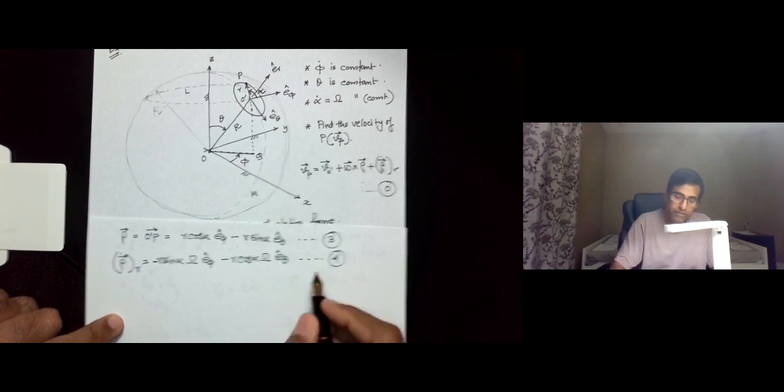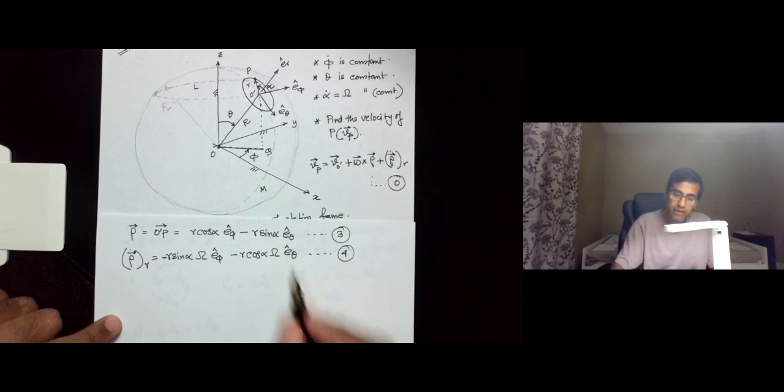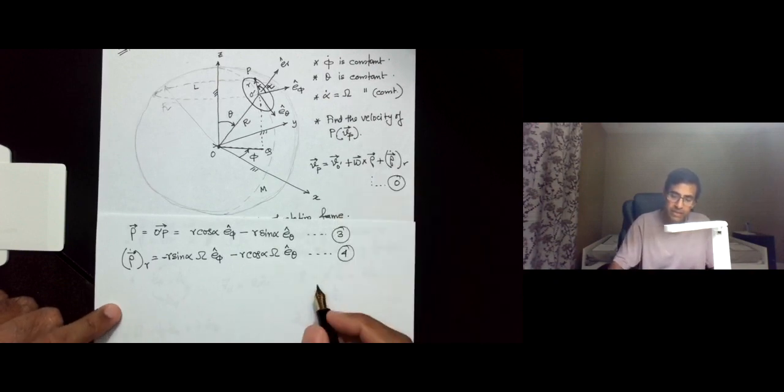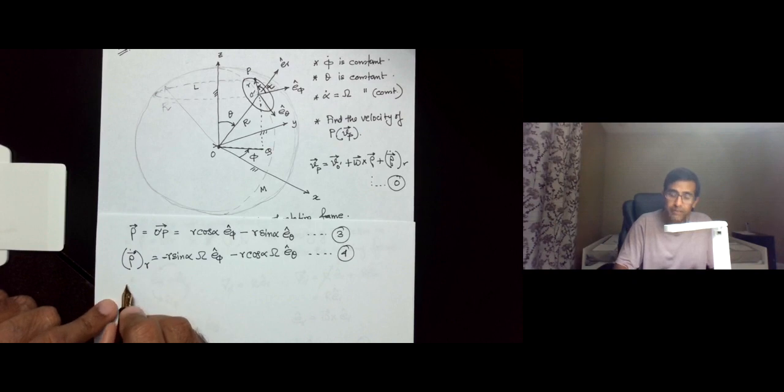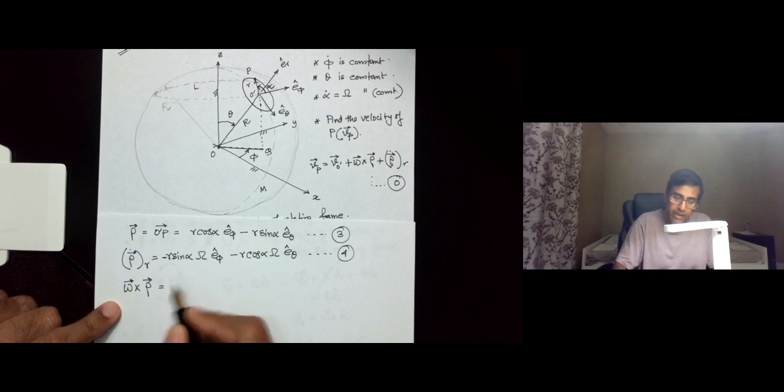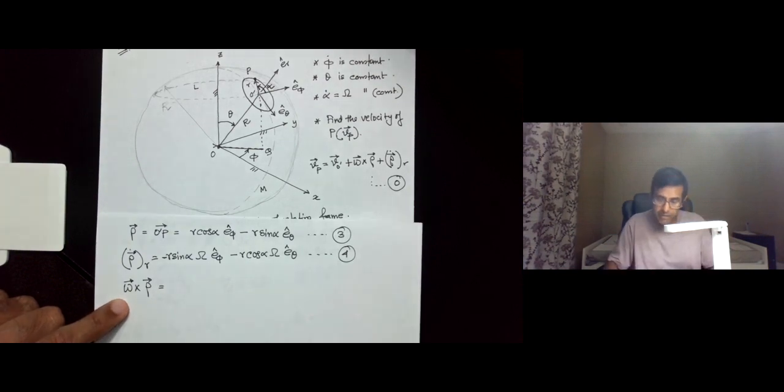So now all we have to do is assemble these terms. First let us do the calculation of omega cross rho. Let's get the expression for omega.